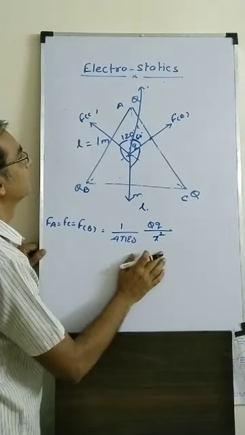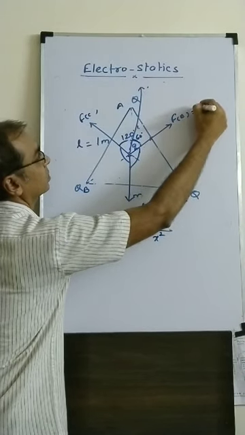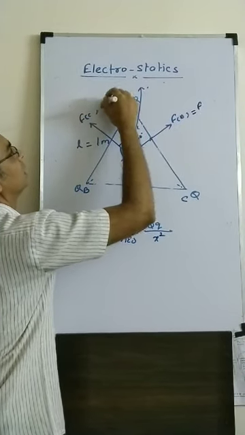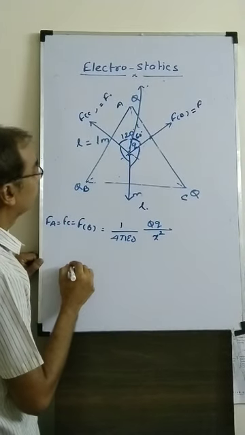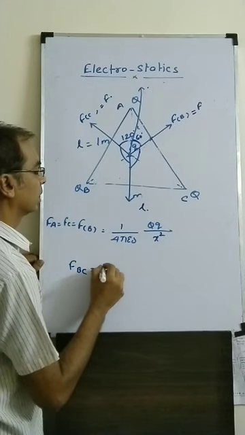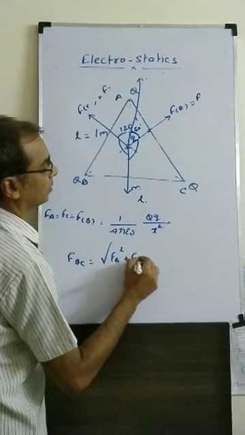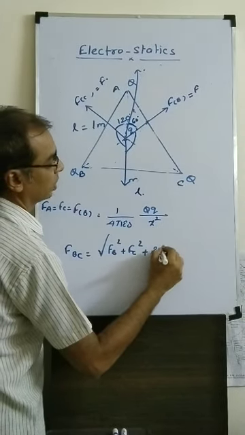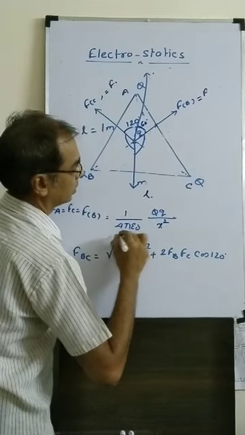Okay. So let's see. FB I assumed as F, and FC also I am assuming as F, whose value is this one. So see now, FBC I am adding. It is equal to FB square plus FC square plus 2FB FC cos 120 degrees.